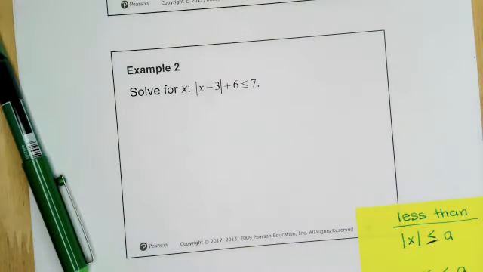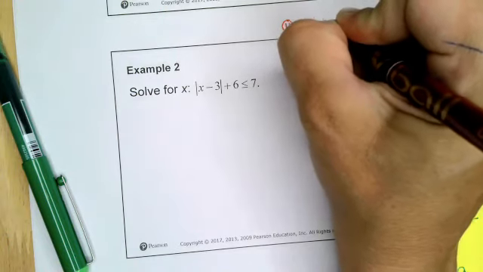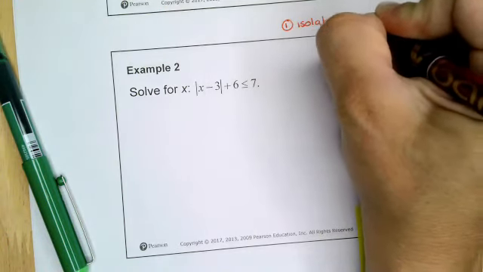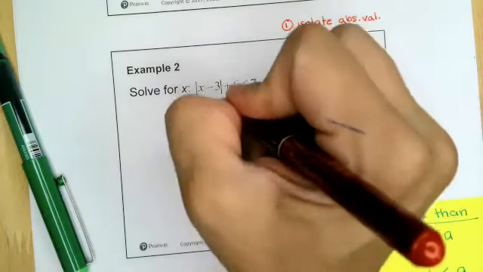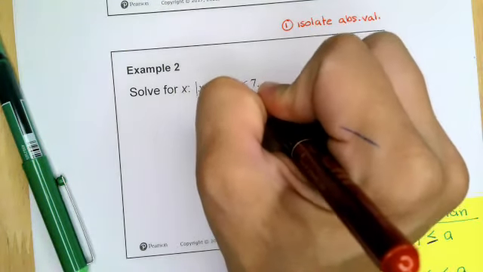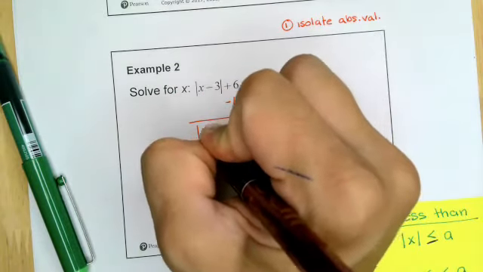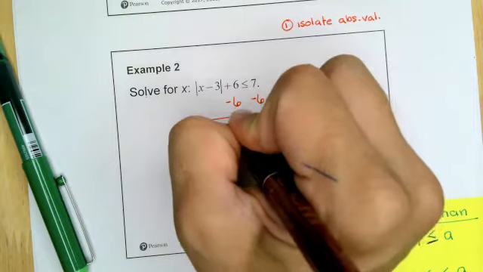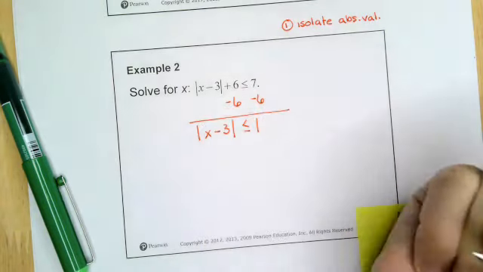Solve for x. Isolate the absolute value by subtracting 6. The absolute value of x minus 3 is less than or equal to 1.